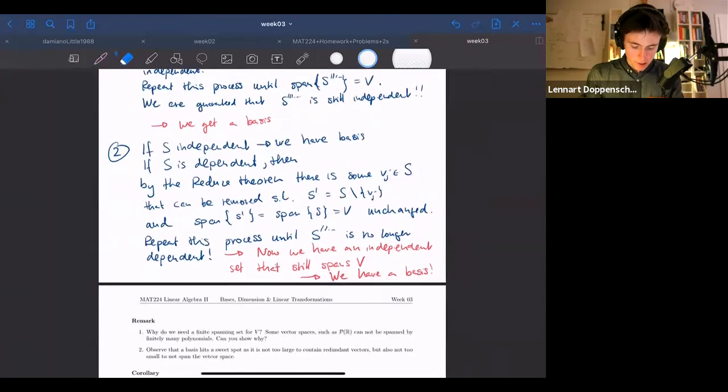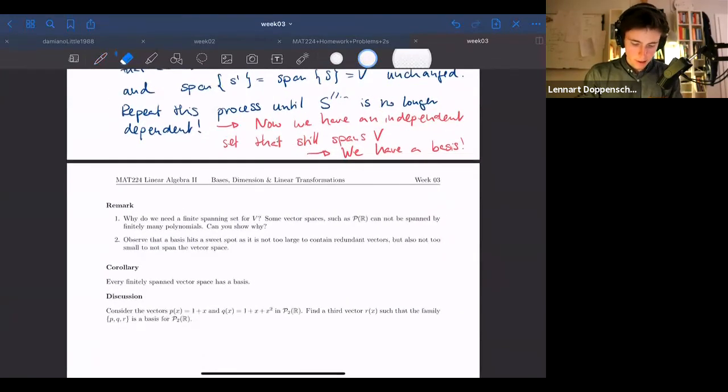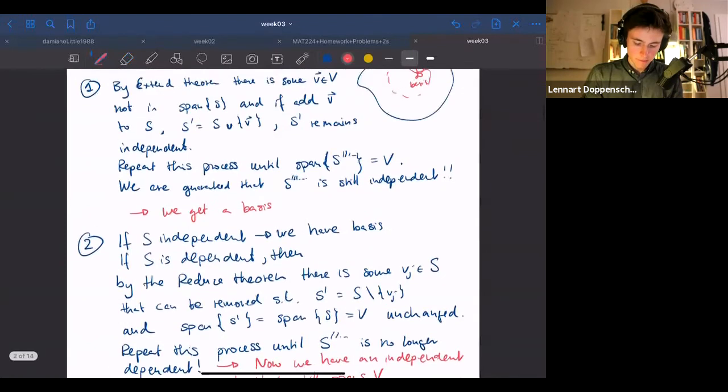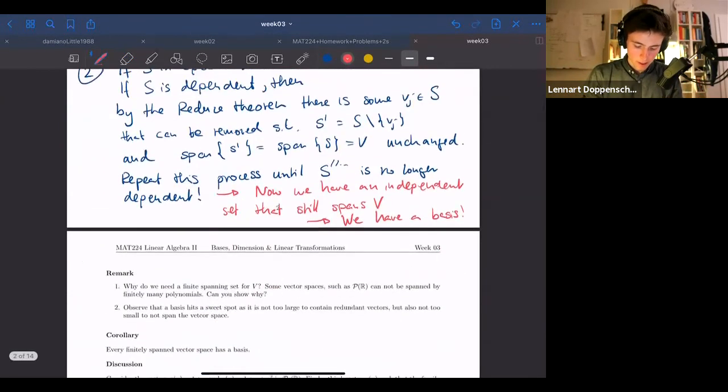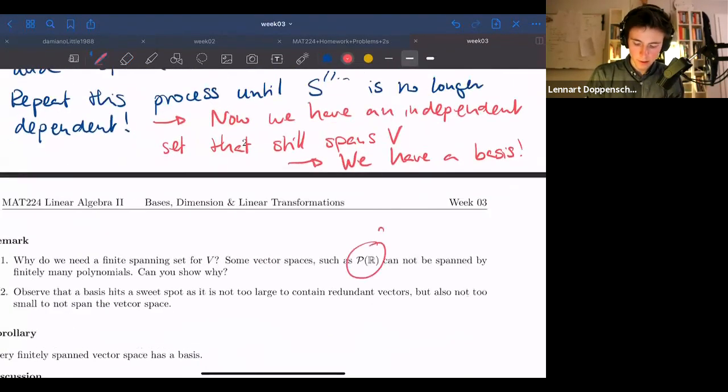Okay, just a quick remark: the reason that I want a finitely spanned set is because this iteration of doing it again and again only terminates if I eventually have enough vectors in the span to span V. So this would be a problem if we work with all polynomials. Then you can always add another power.